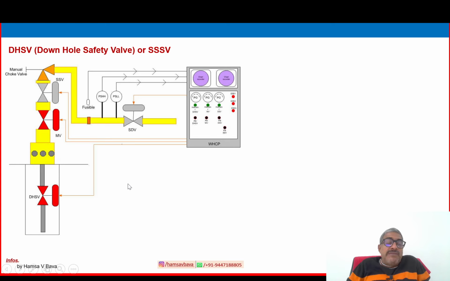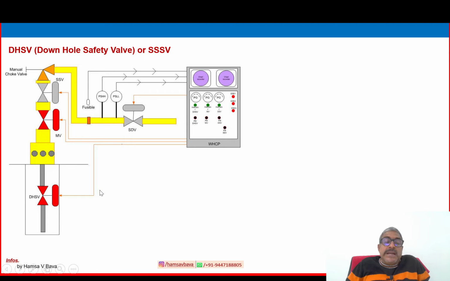So what are the safety considerations at the wellhead? We can say fire or gas leak or high pressure or low pressure or many other reasons. Climatic conditions also can change. So in some abnormal situations, like here, pressure switch high is there, pressure switch low is there.